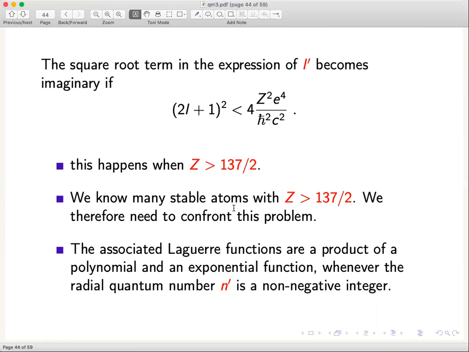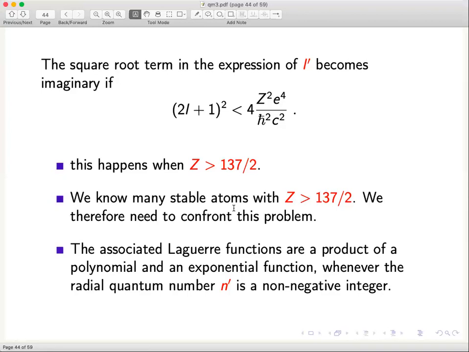So we know, like, gold has Z equal to 79, lead has 82, and bismuth has 83. They were all known at that time, and they are pretty stable. In fact, Marie Curie had found radium, which was like 91 or some such thing, sorry, 90, and that was the kind of material which was radioactive.